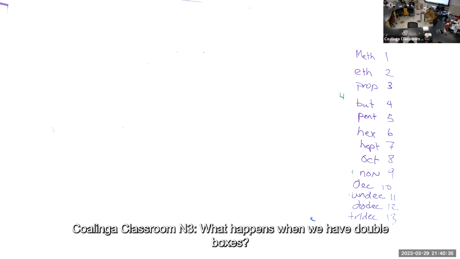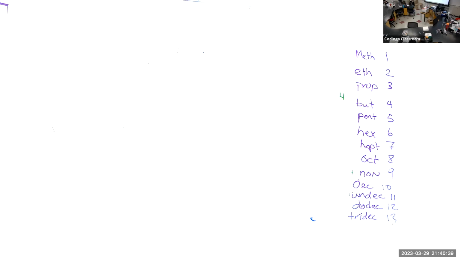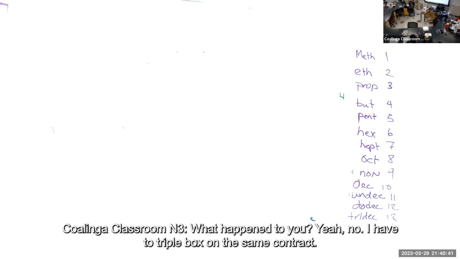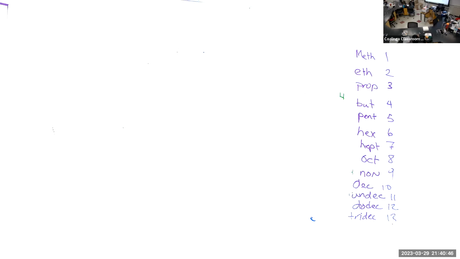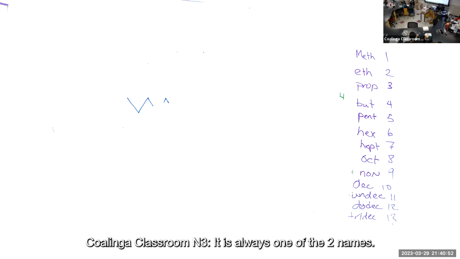What happens when we have double bonds and triple bonds on the same compound? Double bonds and triple bonds cancel out. Two names. Sort of, it is gonna sort of be two names.